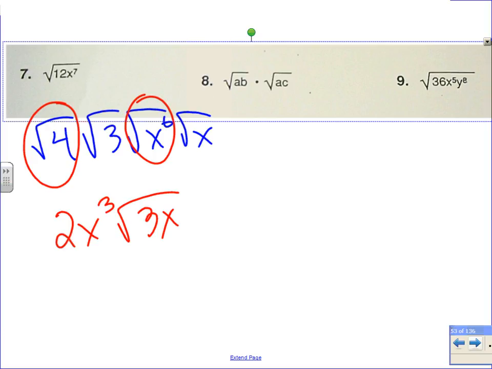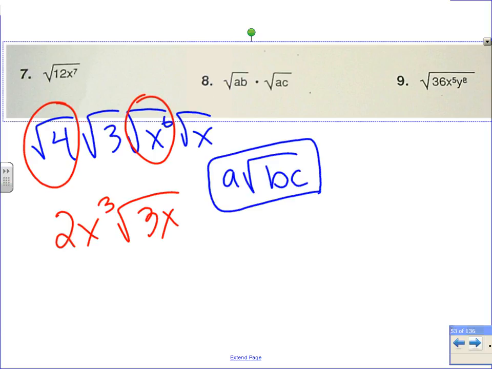Can't get any better. Okay. Look at this. All right, Nathan M., what did you get for number 8? Awesome. Number 9, Nathan S. Good job.